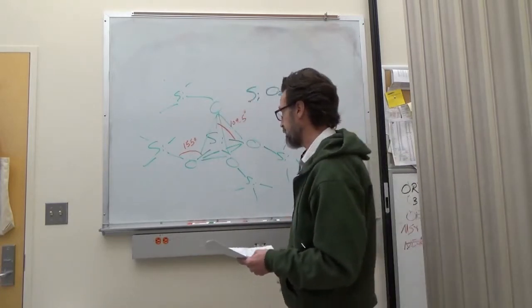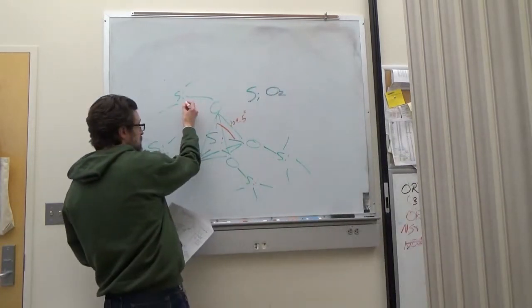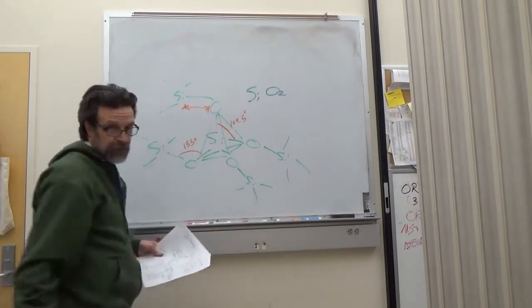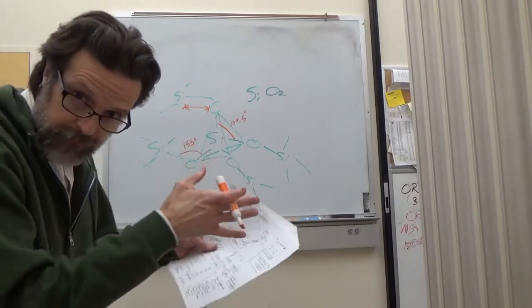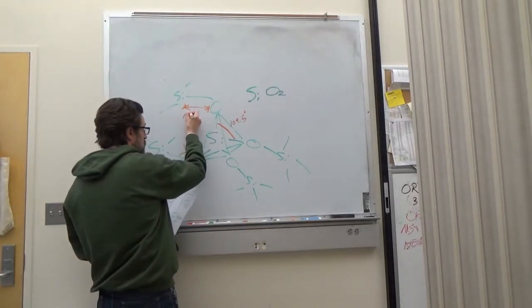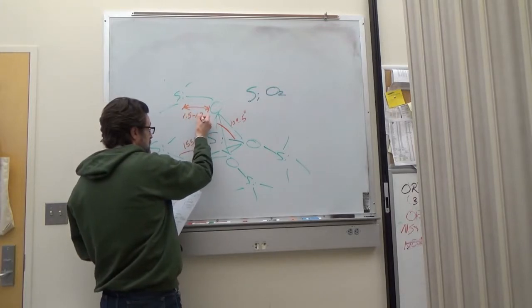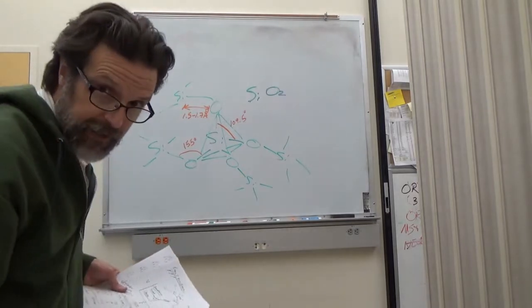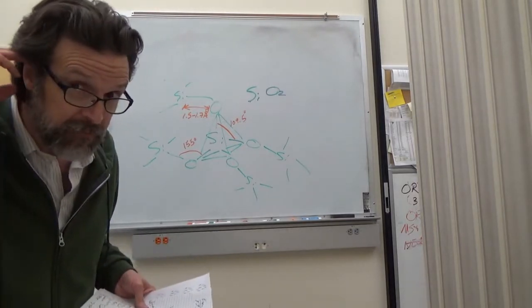The bond length between silicon and oxygen, again, that can stretch and be moved around some, but it typically ranges between 1.5 to 1.7 angstrom. Remember, we talked about angstrom in class. 1 angstrom is 1 times 10 to the minus 10 meters.